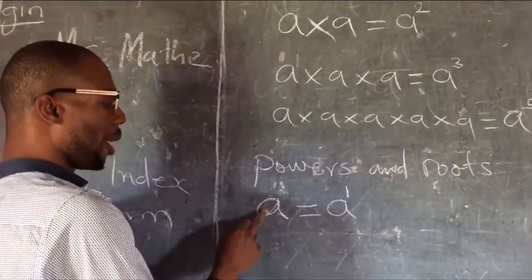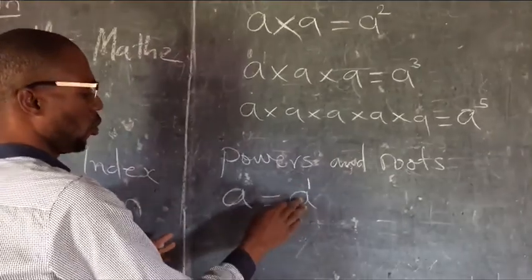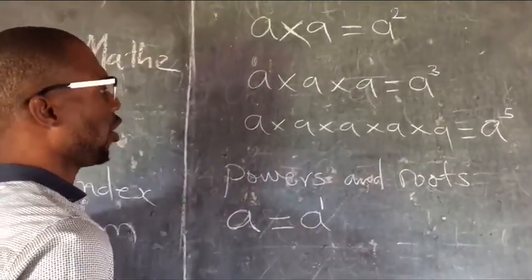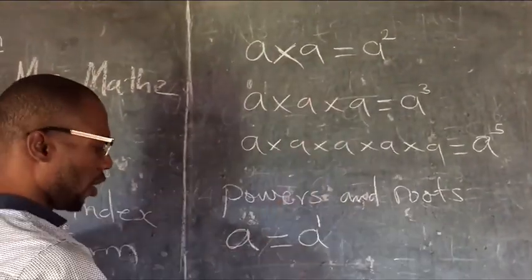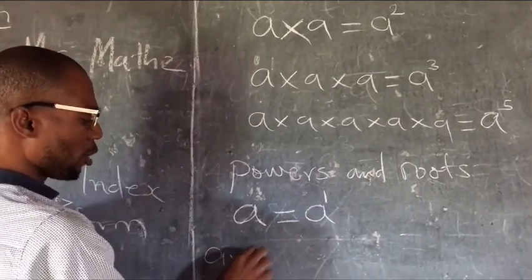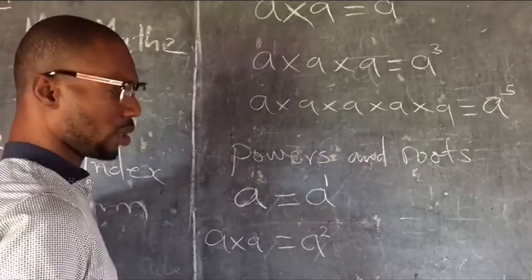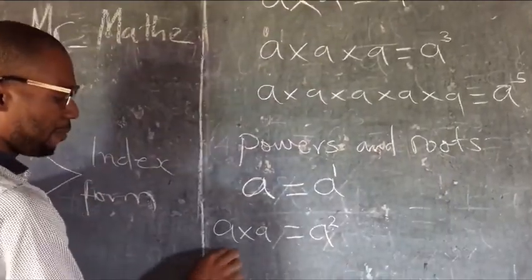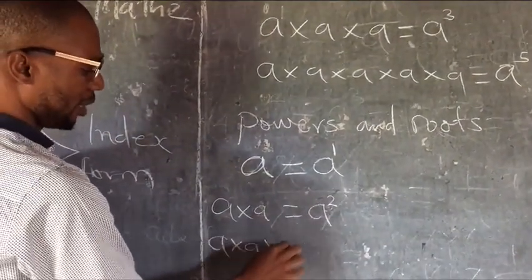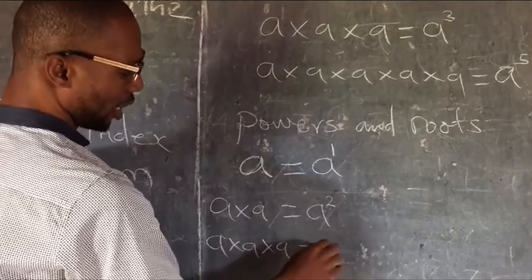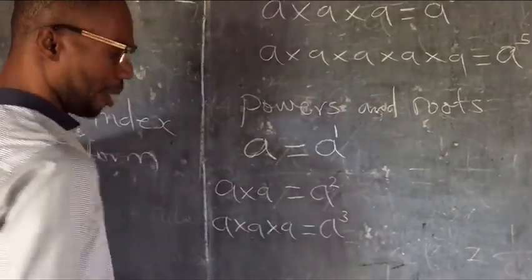So a number standing alone means we have raised it to power 1. From this expression, if my A multiplies itself like this, I have raised it to power 2. And if my A multiplies itself 3 times like this, I have raised it to power 3.